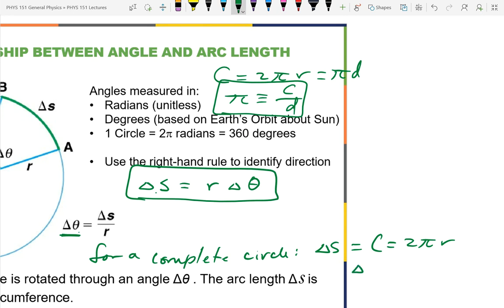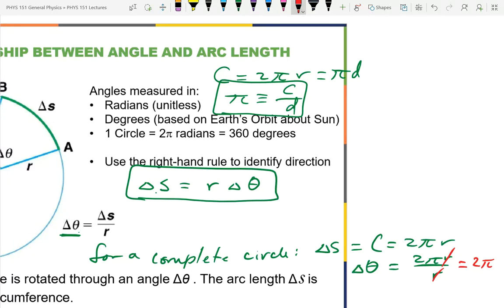And so delta theta for a complete circle is 2 pi r over r, which is 2 pi. So that's why there are 2 pi radians in a circle.